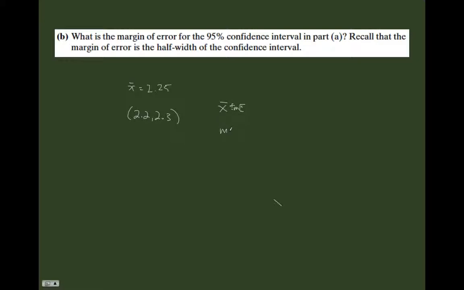So if I want to calculate the margin of error, one way to do it from the confidence interval is just to take the 2.3 minus the 2.25, and that gives us 0.05. So 0.05 would be the margin of error. Of course, there's also a formula we can use.